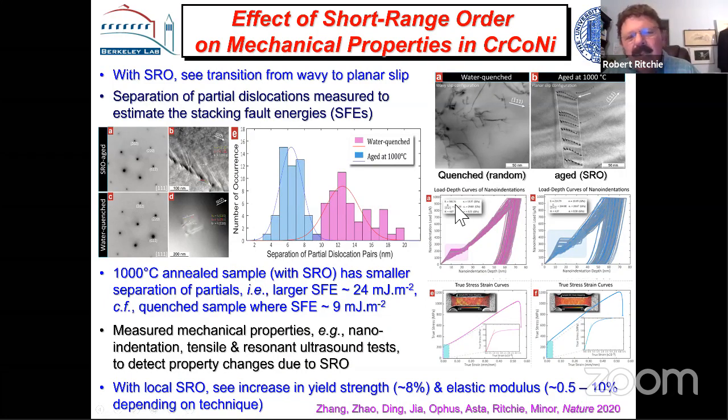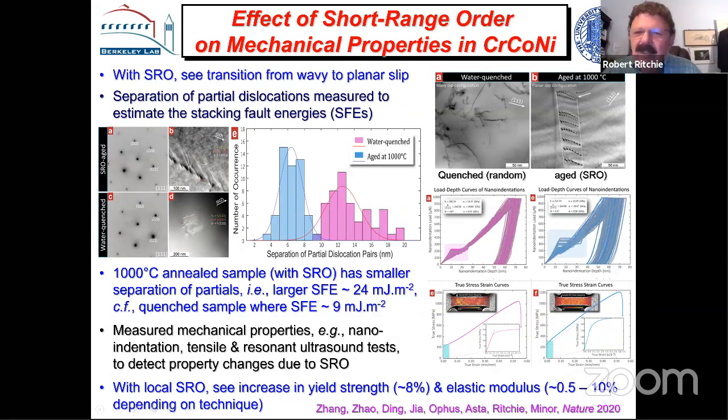Directly correlating to what we saw with the DFT, we see much larger spacings of the partial dislocation in the random structure, indicative of a lower stacking fault energy. When we have short range order, it raises the stacking fault energy, and that's completely consistent with what has been seen by the modeling. And when we did mechanical properties, we do see elevations of strength and hardening, and we see even changes in the modulus.